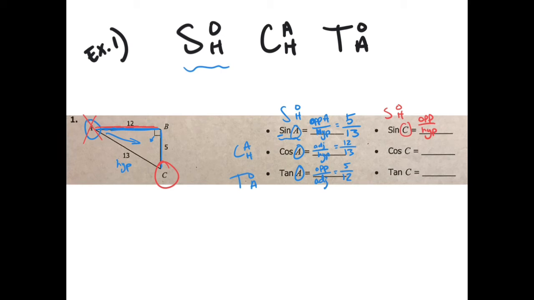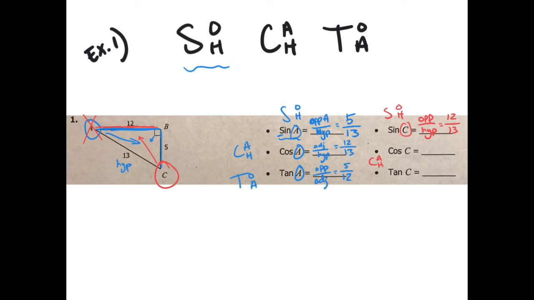It is opposite. So don't mind all my little arrows. I'm just trying to explain my work here. Don't let it confuse you. So the opposite is 12, and the hypotenuse, guess what? It's still 13. It's not like it's going to change. The hypotenuse is the hypotenuse. Cosine, so that's the ka.